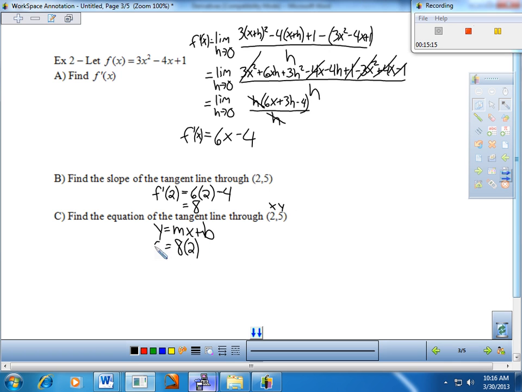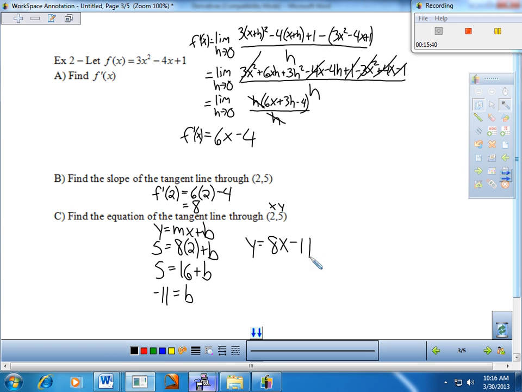So I've got that right there, and let's go ahead and get b. And so as a result, I get 5 equals 16 plus b, and b is negative 11. So we're in pretty good shape right here. I think we have it. y equals 8x minus 11.